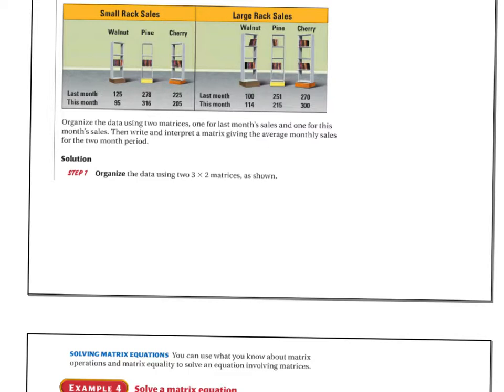Walnut large last month was 100. So that'll be my number in my first row, second column. And go ahead and fill in your numbers: 278, 251, 225 for cherry small last month, and cherry large last month was 270.